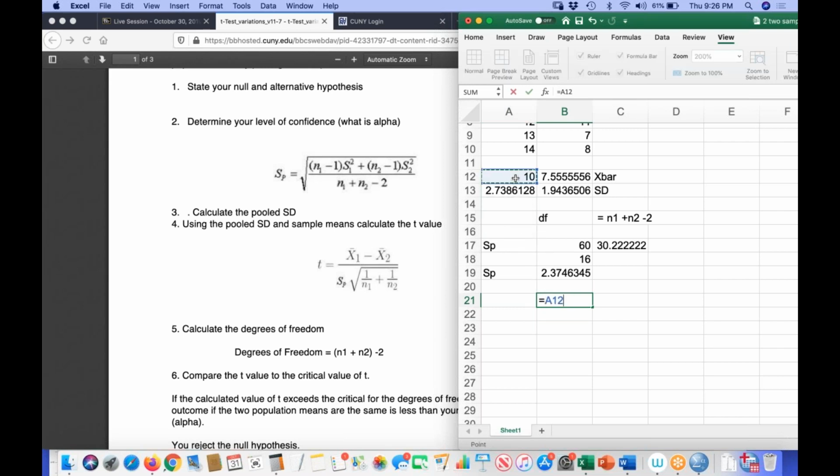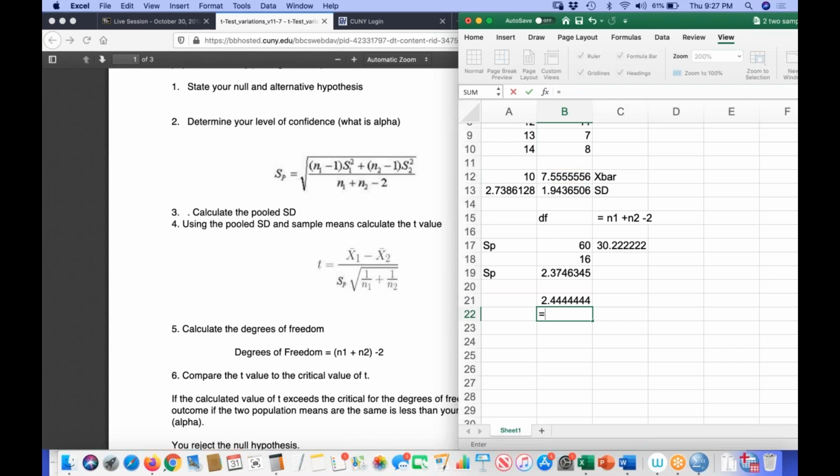It equals 10 minus 7.5. That's the top part of our equation.